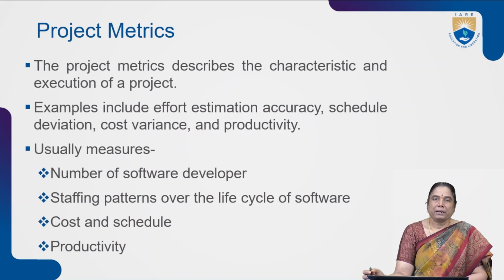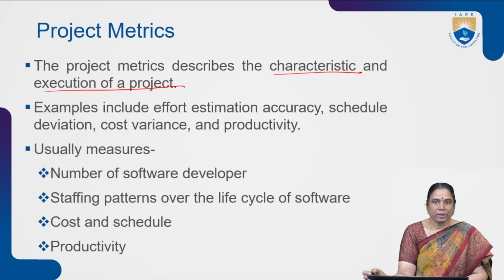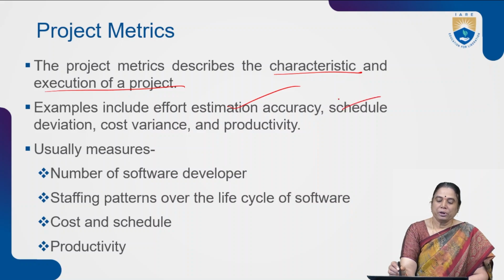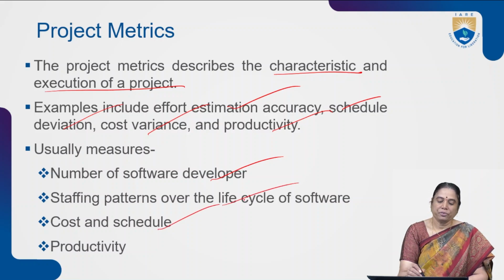Another variety of metrics are the project metrics. The project metrics describe the characteristics and execution of the project. Examples include effort estimation accuracy, schedule deviation, cost variance, and productivity. Usually they measure the number of software developers, staffing patterns over the life cycle of the software, cost and schedule, and productivity.